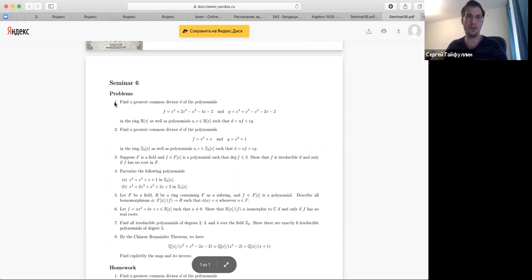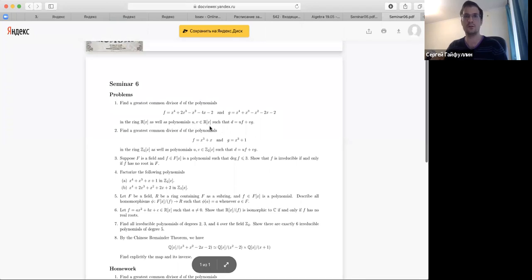In problem 1, we have two polynomials, f and g, and we need to compute the greatest common divisor of these polynomials, and such polynomials u and v such that this greatest common divisor has a linear description: uf plus vg.